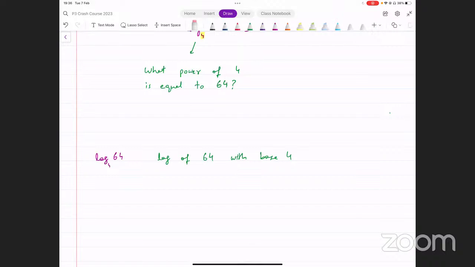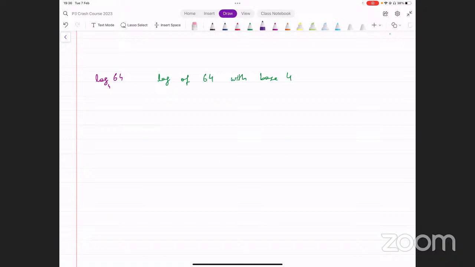Whenever we have something like this, log of a with base b, what this means is what power of b is equal to a. That is what this notation is going to mean. Log of a with base b. What this means is what power of b is equal to a.